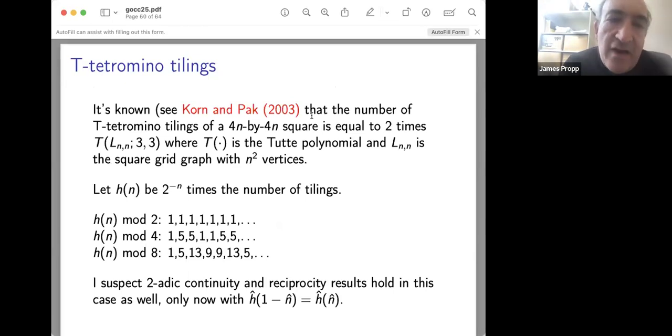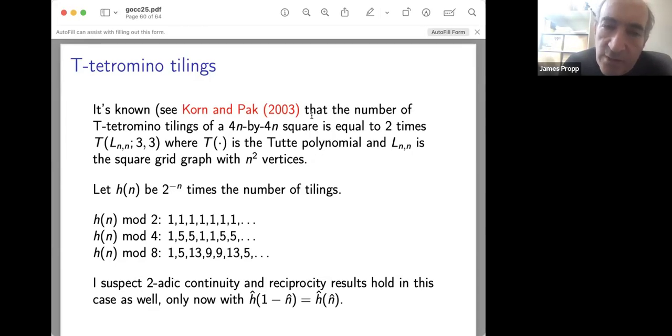One really nice pattern found by Korn and Pak is that this counting problem is connected to the Tutte polynomial. If you take the n by n square grid with n squared vertices, call it L sub n,n, that's a graph, and you evaluate its Tutte polynomial at the value 3,3, the Tutte polynomial has 2 variables, so you replace them both by 3, that's the number of T-tetromino tilings of a 4n by 4n square.